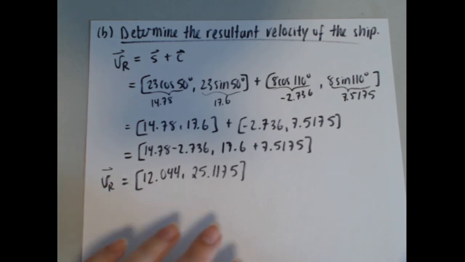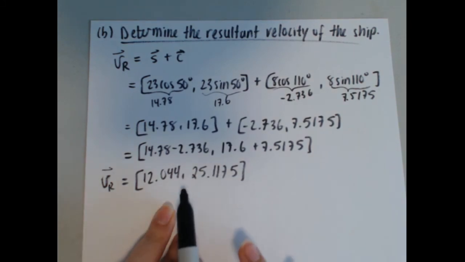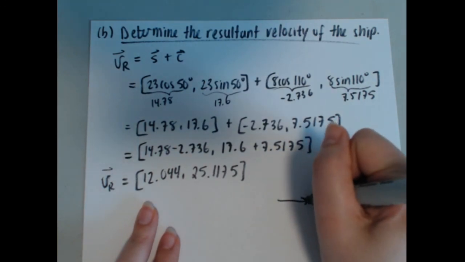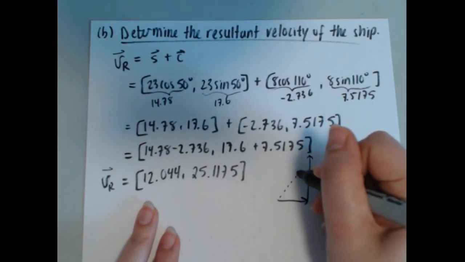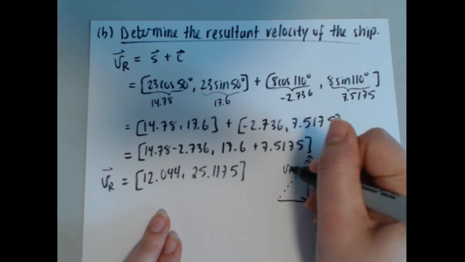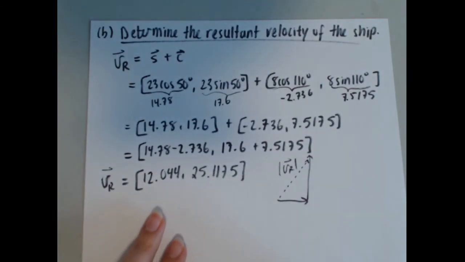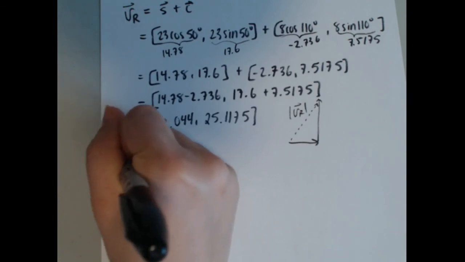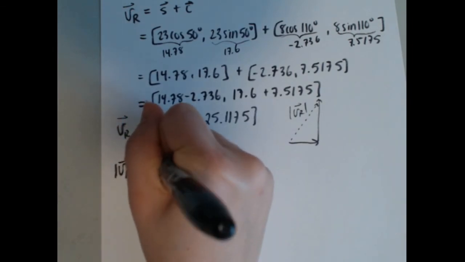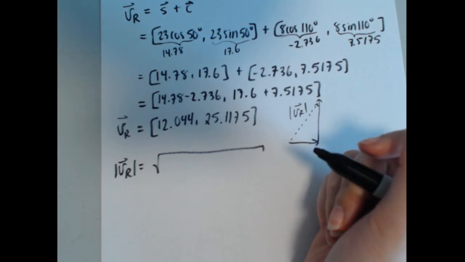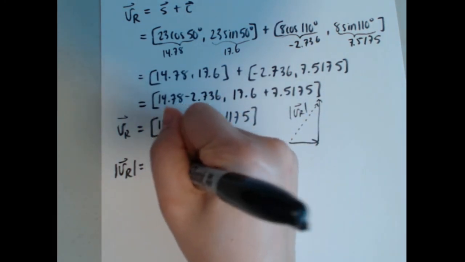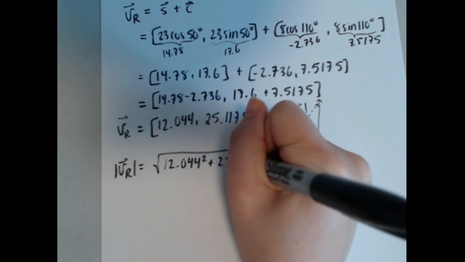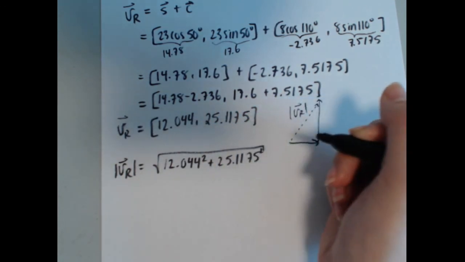Okay, so in order to find the magnitude of the velocity, well, this is telling me the x and y components. So the x is about 12 and the y is about 25, and the resultant, well, that's going to be the magnitude of the velocity. So I'm going to use the Pythagorean Theorem. So the magnitude of VR is going to be equal to the square root of the sum of the squares of the x and y components: 12.044 squared plus 25.1175 squared.